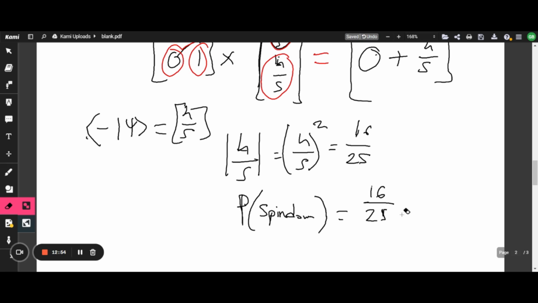That's my bad. So this would be the probability of finding a particle spin down in this particular equation.